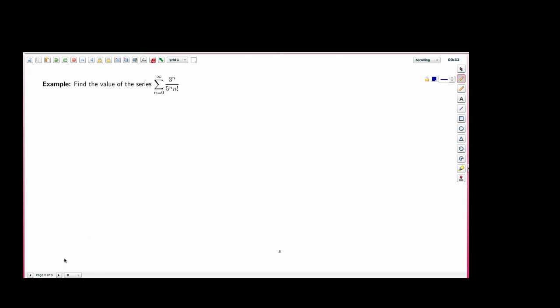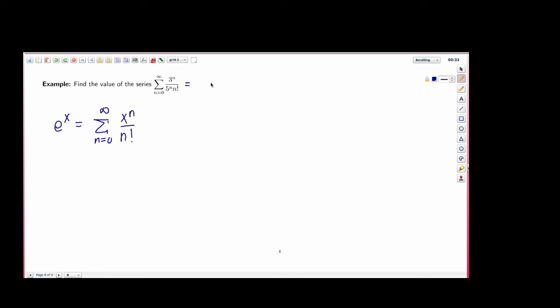Okay, so in our next one, we have the sum n equals 0 to infinity, and this time I've given it in sigma notation, 3 to the n over 5 to the n factorial. So I see that n factorial and think e to the x. So I know e to the x is the sum n equals 0 to infinity, x to the n over n factorial.